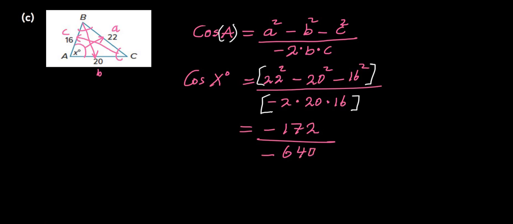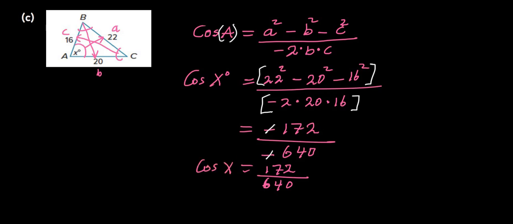So the negative can cancel out the negative from here. So now this will be equal to 172 over 640.